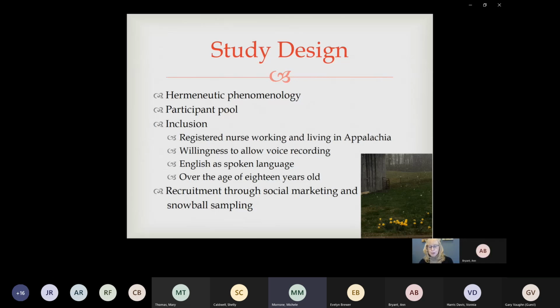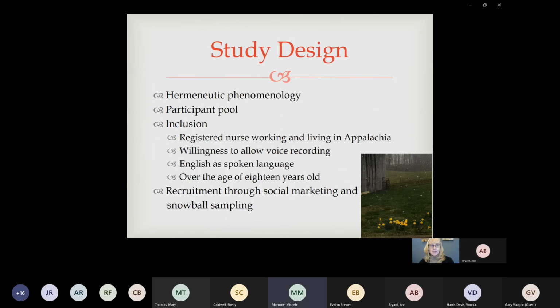And so it was likely that I would know or be known of a lot of the participants, and that's a problem that is consistent with rural research. So I chose social marketing as a strategy for recruitment. And that would hopefully limit the influence of common knowledge and the lack of anonymity.